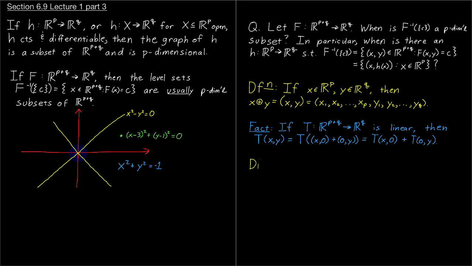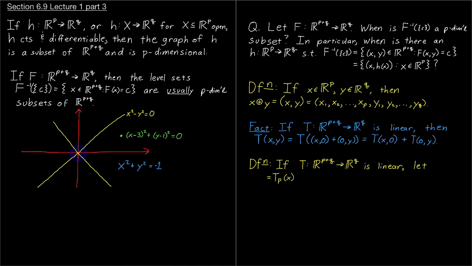So we are going to define the following notation. If T going from R^(p+q) to R^q is linear, then we're going to let, your book calls this T sub p of x.